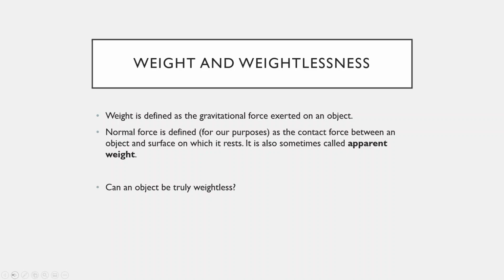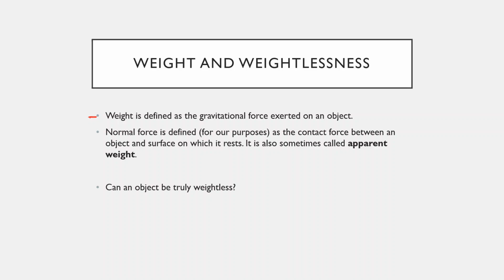What is all this stuff? So you probably already know that weight is defined as the gravitational force exerted on an object. It's just a synonym with gravitational force, pretty much. Don't confuse weight with mass. Mass is an intrinsic property of an object. It's the amount of stuff that is in the object, whereas weight depends on where you are in the universe.